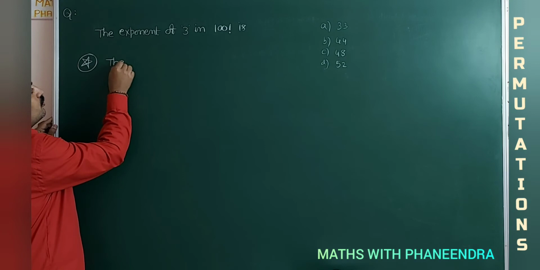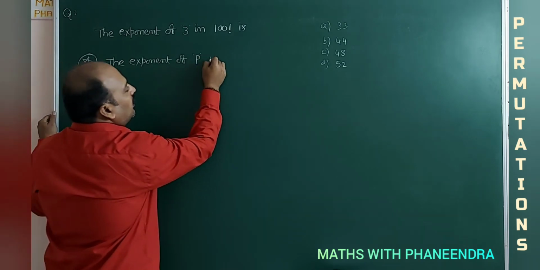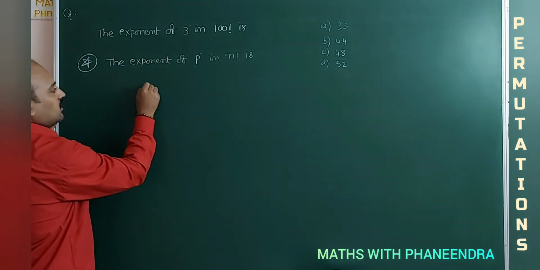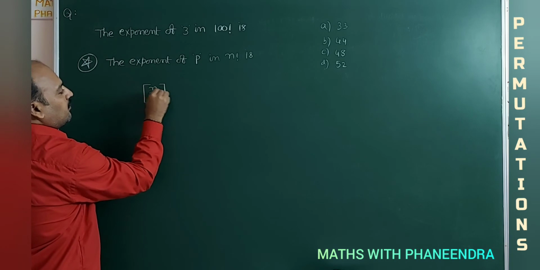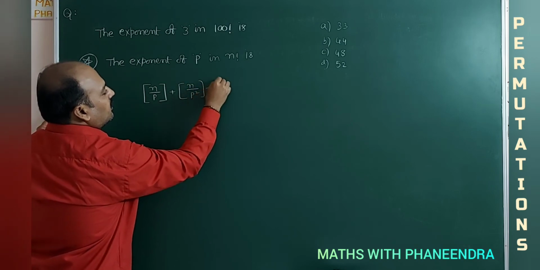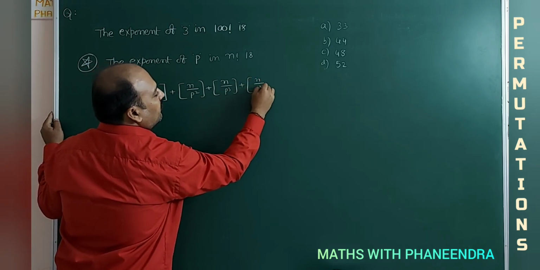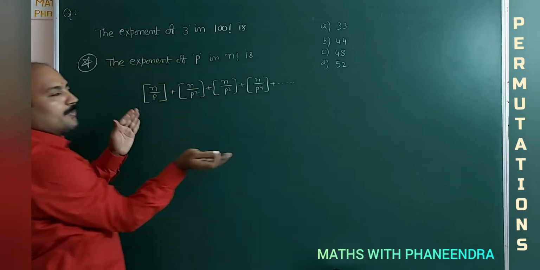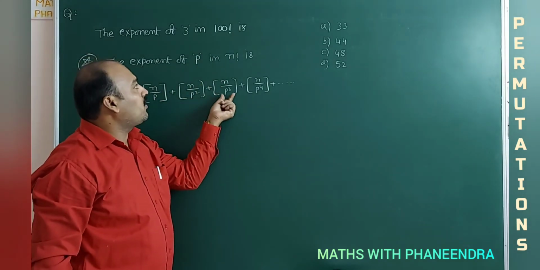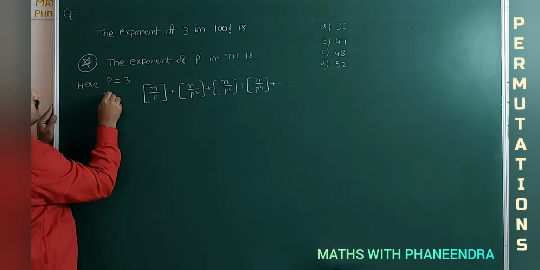The exponent of p in n factorial is, we can write like this: floor of n by p plus floor of n by p square plus floor of n by p cube plus floor of n by p power 4 plus and so on, whatever possibilities come. Here p is equal to 3 and n is equal to 100.